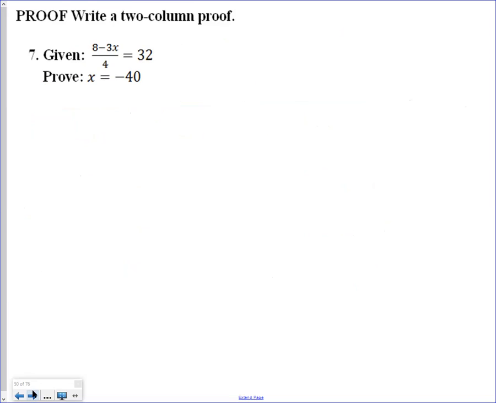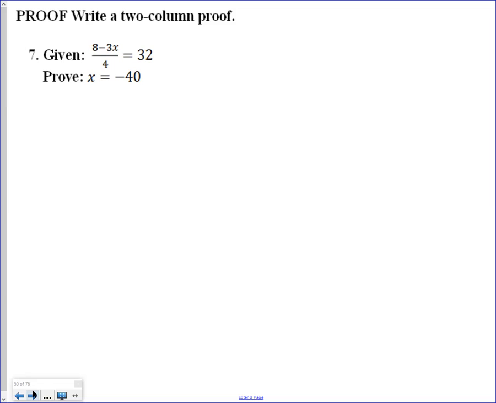All right, writing a 2-column proof. Eight minus 3x over 4 is 32. With algebraic proofs, in the worst case scenario, we should be able to at least go down and list all of our statements.